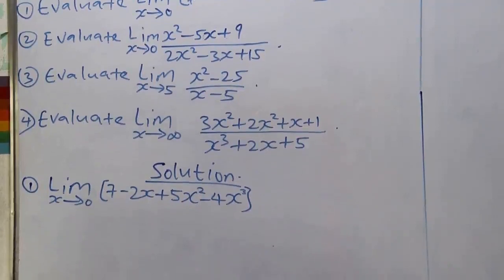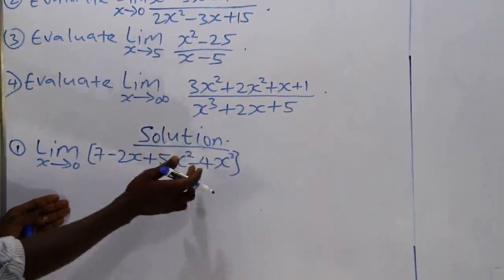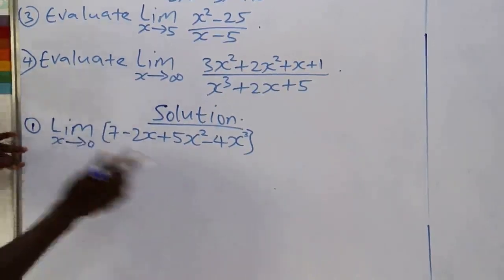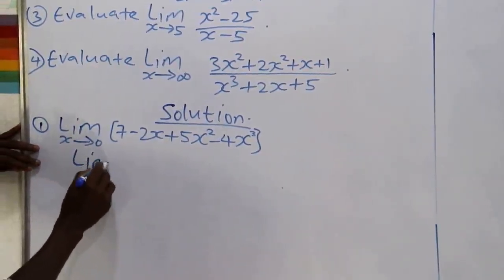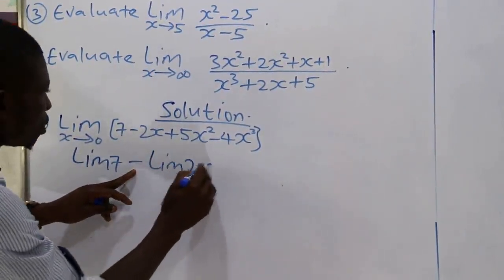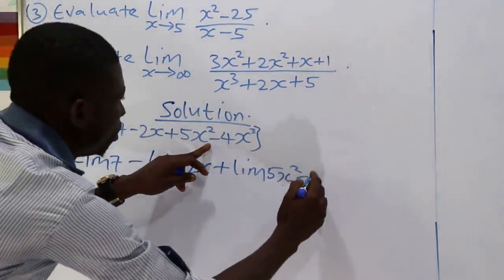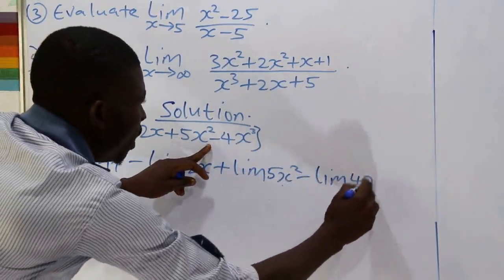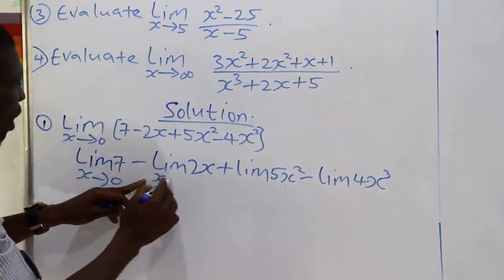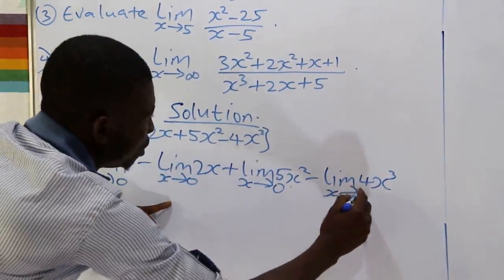Now, for the first example, the solution. You're given the limit of 7 minus 2x plus 5x squared minus 4x cubed when x tends to 0. This will give us the limit of 7 minus the limit of 2x plus the limit of 5x squared minus the limit of 4x cubed, and don't forget x tends to 0 in each.